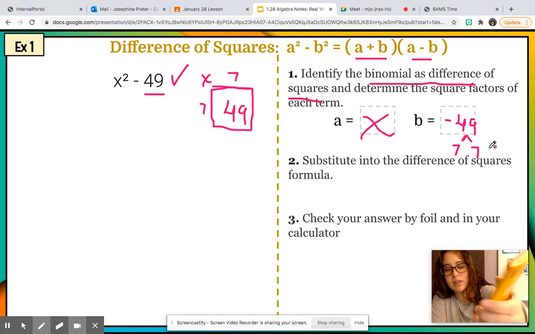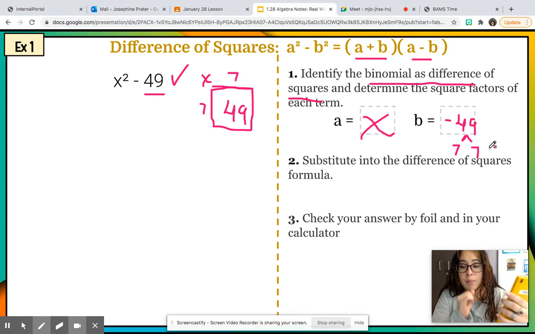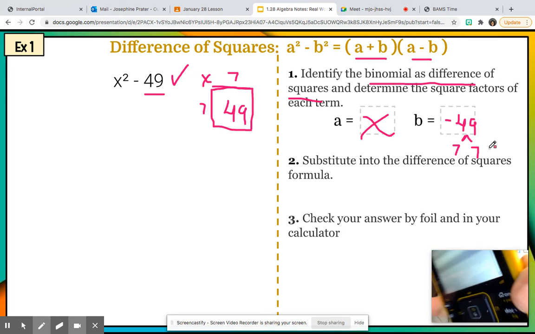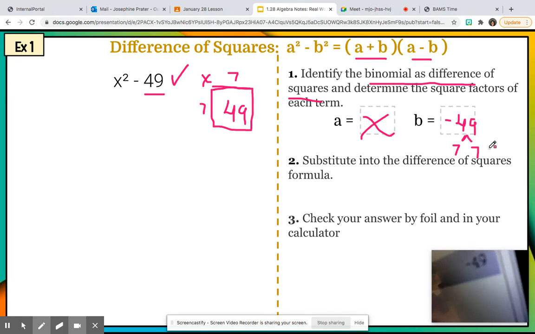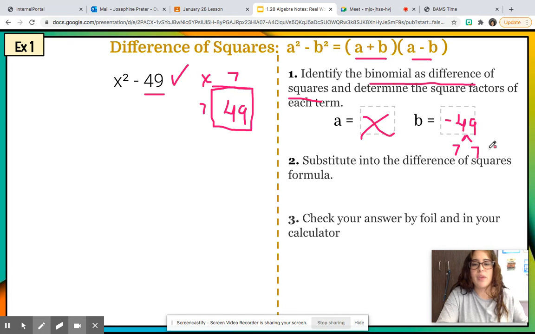And as you notice, it gives me a positive. So I know that one of my values has to be negative 7. The other one has to be positive to get that negative 49.